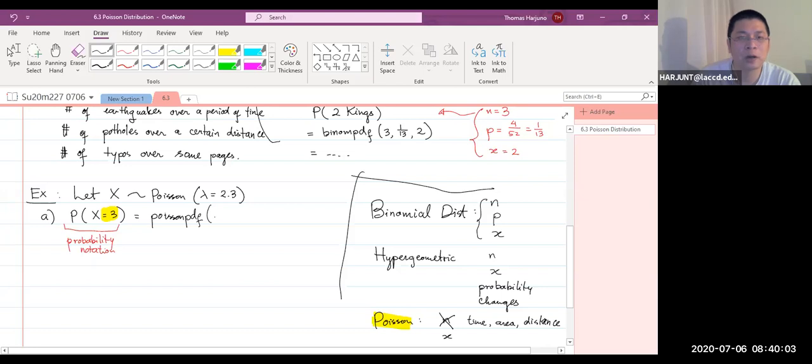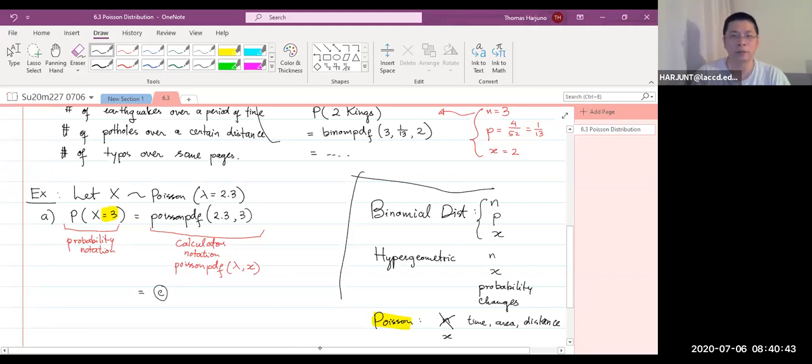The first part is lambda. You will see it's either Poisson PDF or in other cases later on Poisson CDF, with lambda first, and then the second one is the number of incidents X. So in this case it will be 2.3, 3, and then you use the calculator. Copy that down first while I start my calculator.